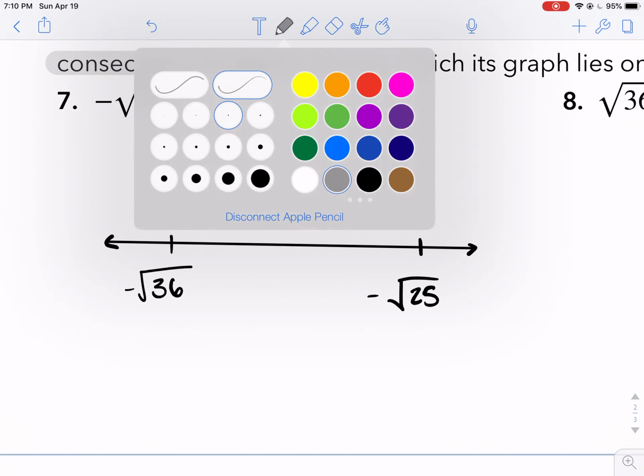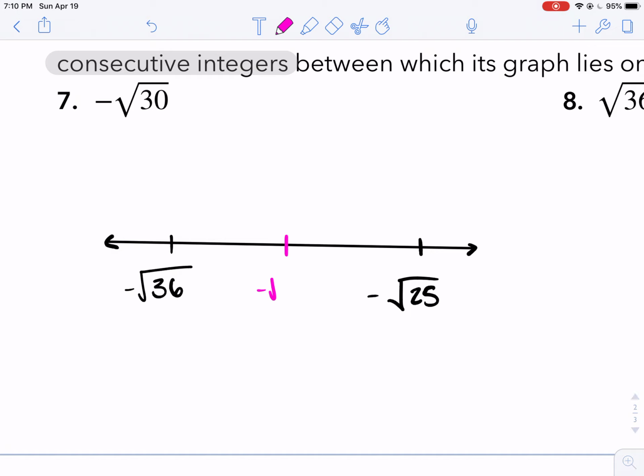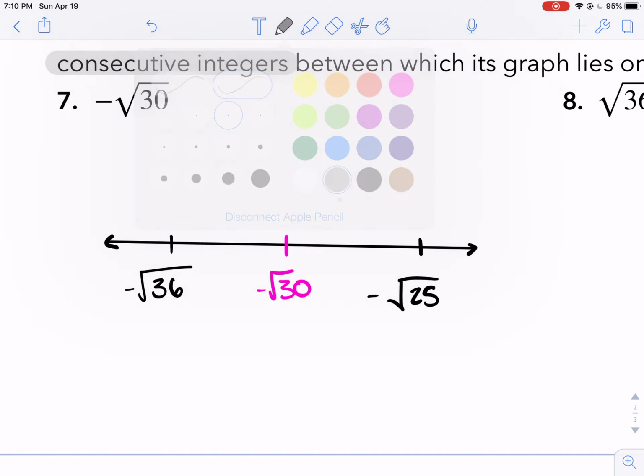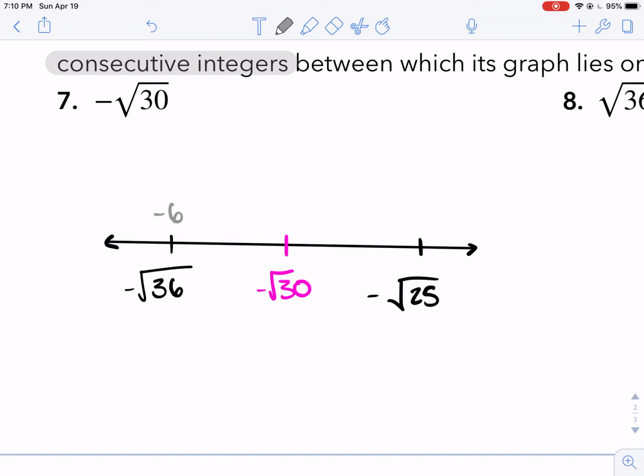So that guy's going to go, let's do pink, right here, negative square root of 30, because 30 is between the squares 36 and 25. Now, the negative square root of 36 is negative 6, and the negative square root of 25 is negative 5. So we know that the negative square root of 30 is going to be between negative 6 and negative 5.